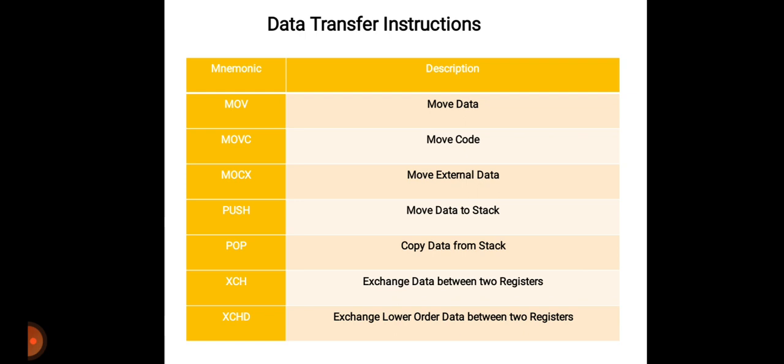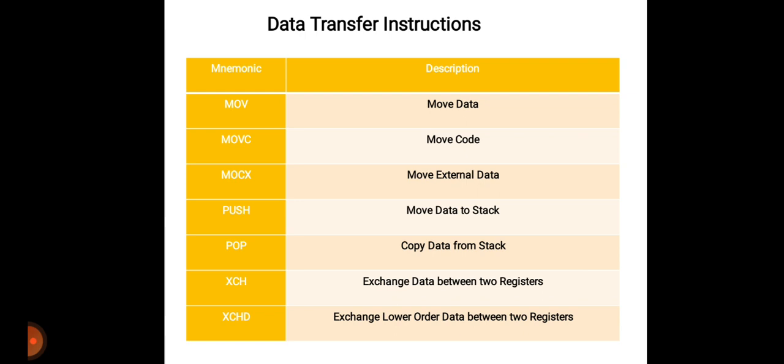MOV means move the data. It's simple. MOVC means move the code. MOVX means move external data. PUSH means move data to the stack. POP means copy data from the stack.